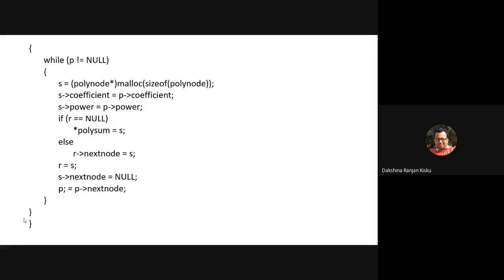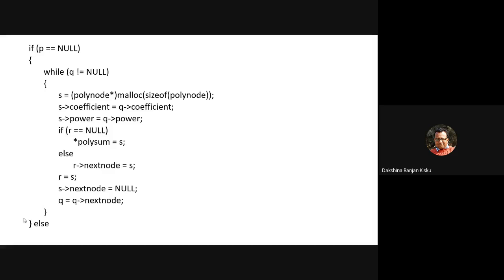In the second case, p is found to be non-empty and q is found to be empty. In both the cases, we will assign the coefficient and exponent part of all the non-zero terms of the non-empty polynomial to the s coefficient and s power.